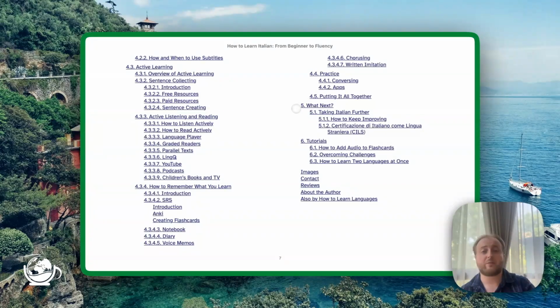Now, the what next part is for when you've reached a certain level of fluency in Italian. It'll show you how to take the language further, how to keep improving. But the long and short of it is basically just to keep doing what you've been doing, although you probably won't need to do much, if any, active learning from that point. You can just immerse and practice with Italian speakers to keep on improving.